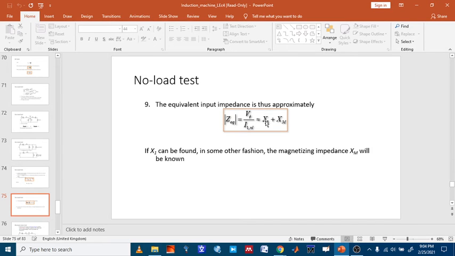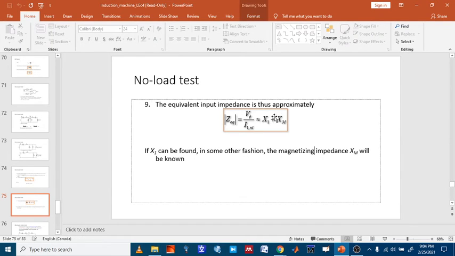And that is approximately equal to X1 plus Xm. Take note of this. If X1 can be found in some other fraction, the magnetizing impedance component, Xm, will be known.